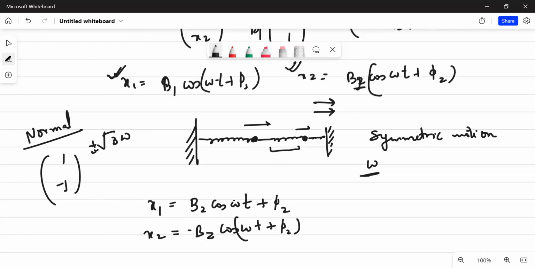Now what is happening? If the left mass is moving in this direction, your right mass is moving in the opposite direction. See, negative. So if it is oscillating in this direction, this will oscillate in the other direction. This is your anti-symmetric mode. Is that clear or not?